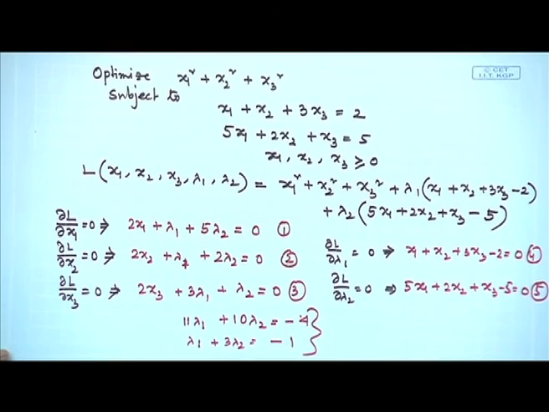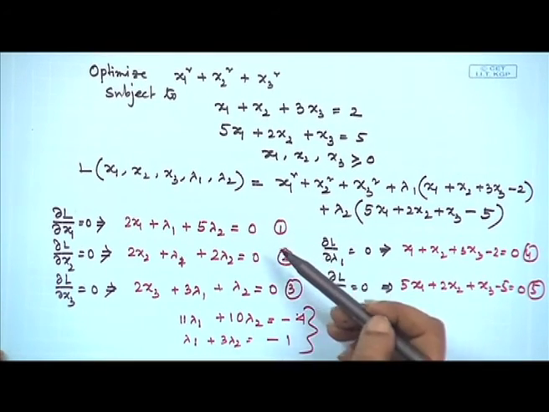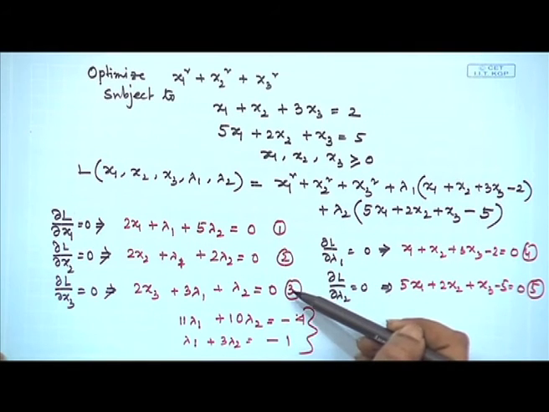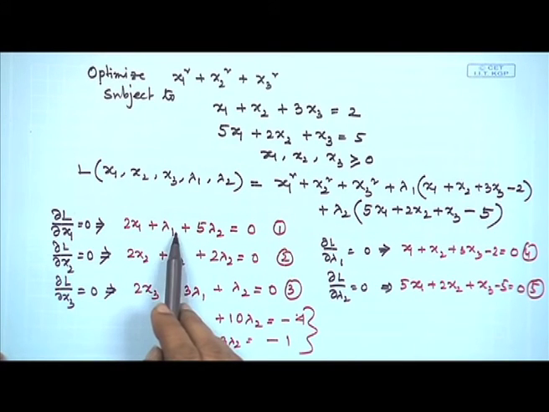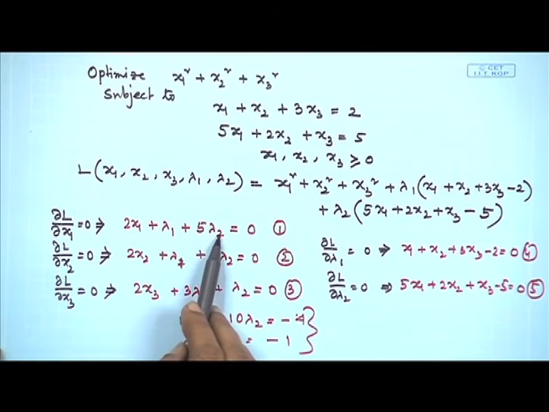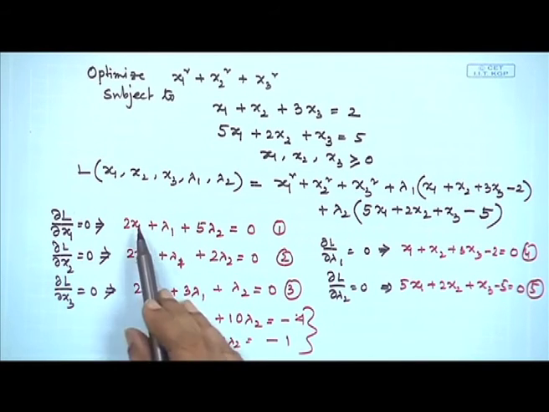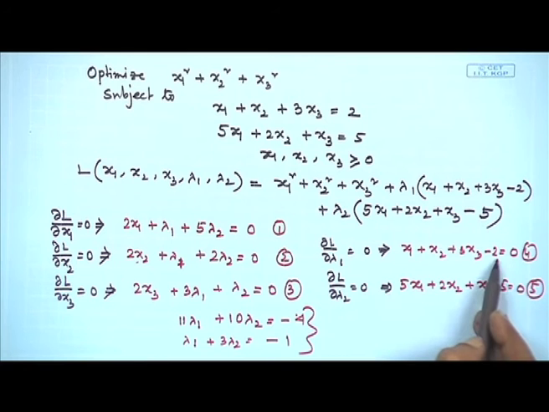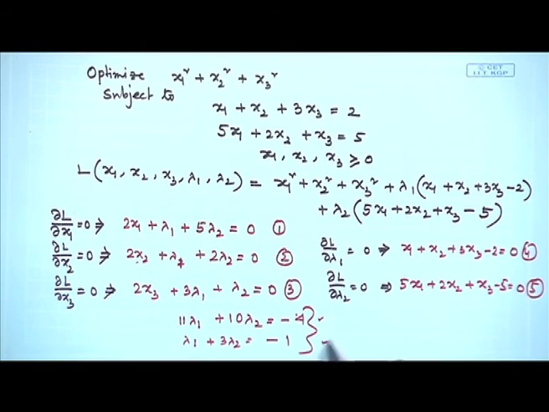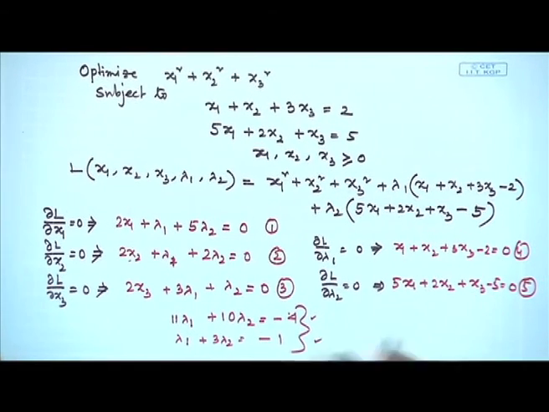Once again, by substituting, we have x1 equal to minus lambda 1 minus 5 lambda 2 divided by 2, x2 equal to minus lambda 1 minus 2 lambda 2 divided by 2, and x3 equal to minus 3 lambda 1 minus lambda 2 divided by 2. Substituting x1, x2, x3 into the constraint equations gives these two equations.